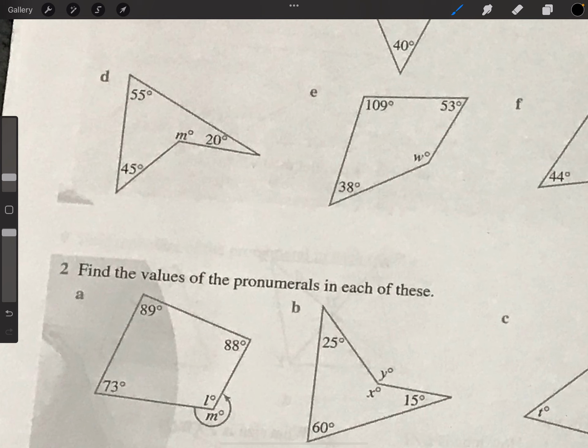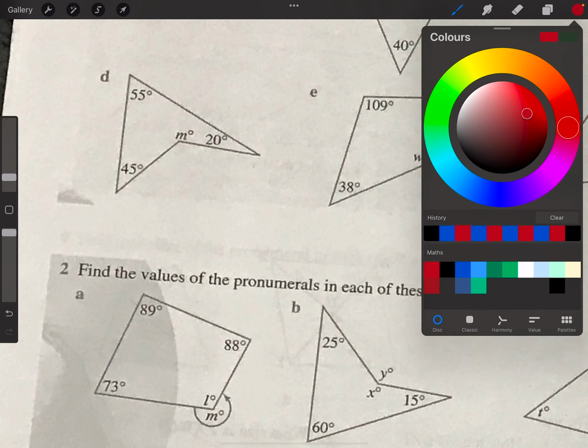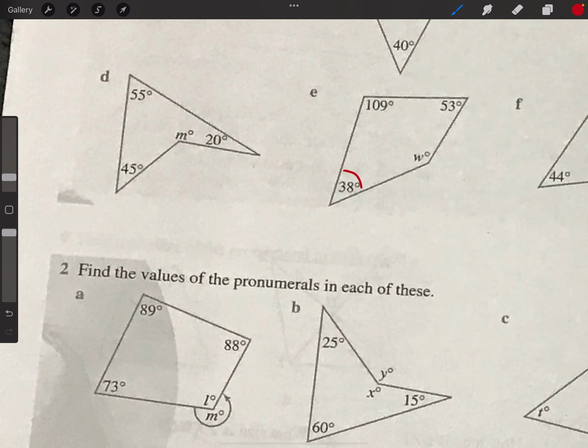Okay, we're going to start with this one here. This plus this plus this and plus this must equal 360. These 3 angles, 109 plus 38 plus 53, is 200 degrees. This one has to add with something else to be 360. So 360 minus 200, that'll be 160 degrees.